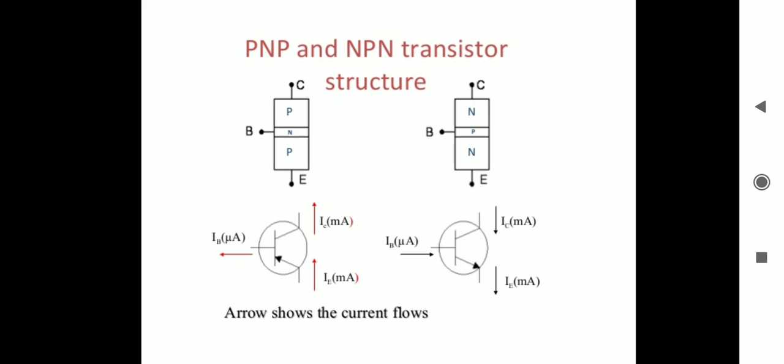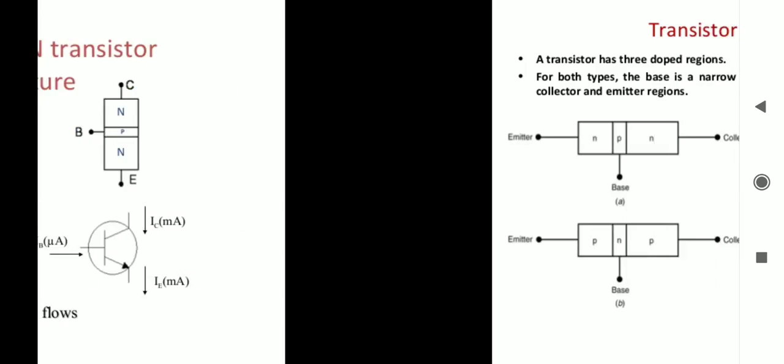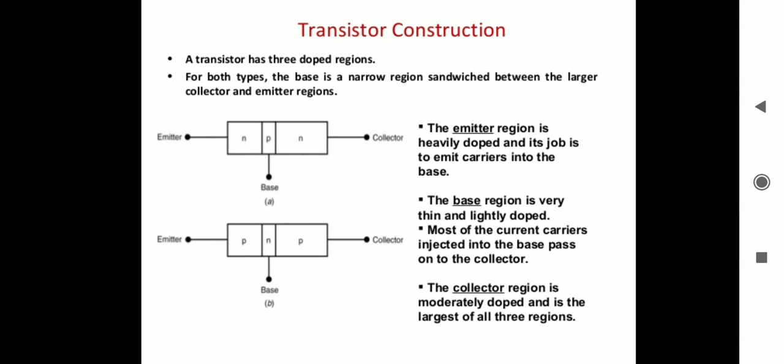Here is the symbolic representation of the PNP and NPN transistor. So this is the constructional structure of the NPN and PNP transistor.